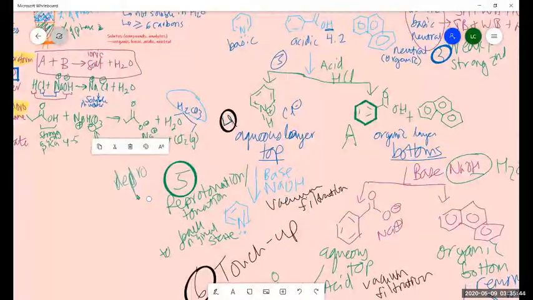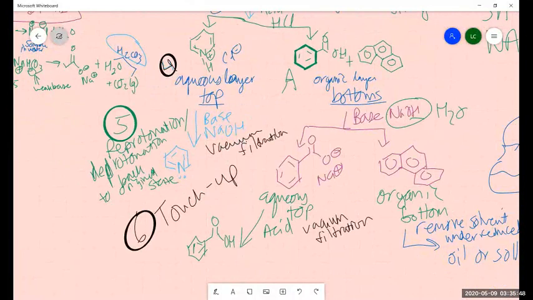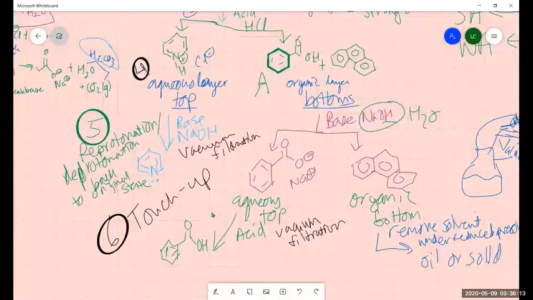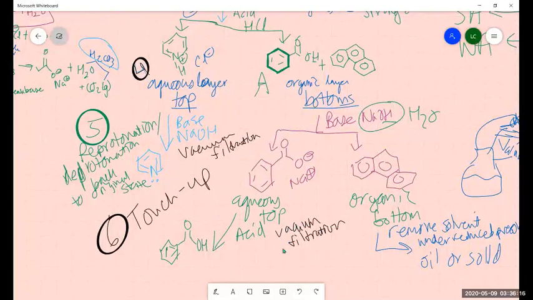Oh, and another thing is when you do the reprotonation in the basic, if you're trying to get it back to acid, or if you do a deprotonation to get the protonated base back to a base, doing this step basically recrystallizes whatever you have, and that's why you can do vacuum filtration.